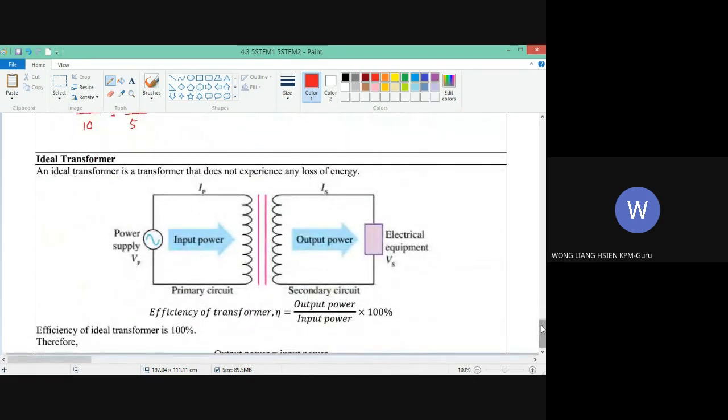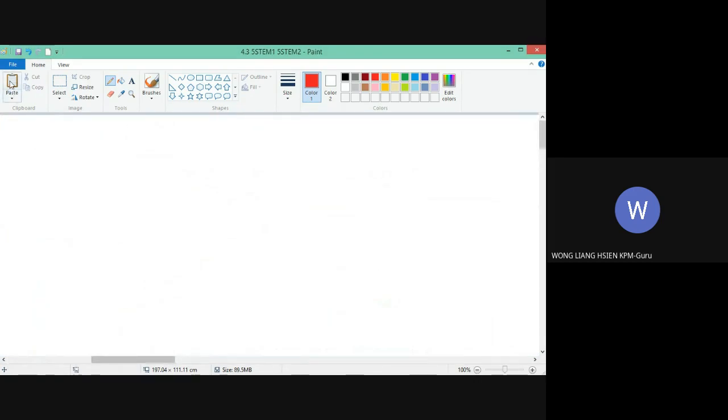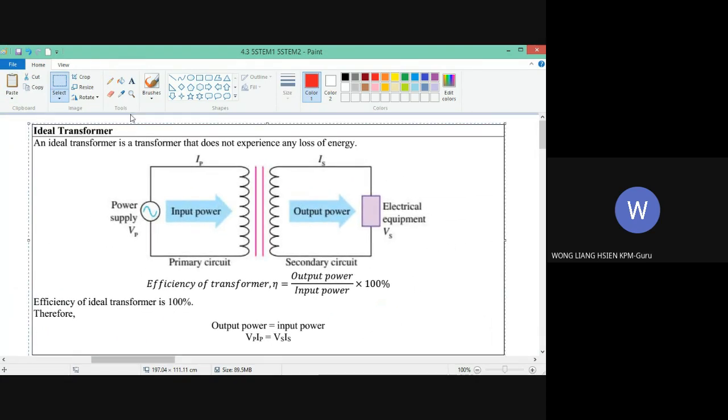Okay, so let's continue. Ideal transformer. What is an ideal transformer?